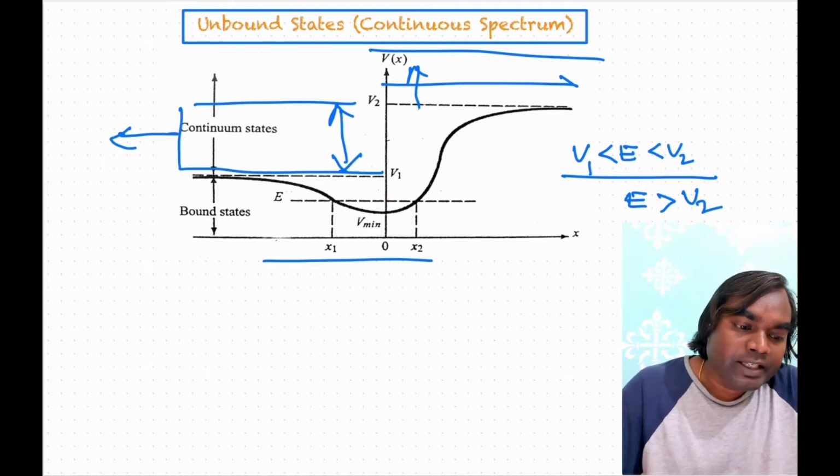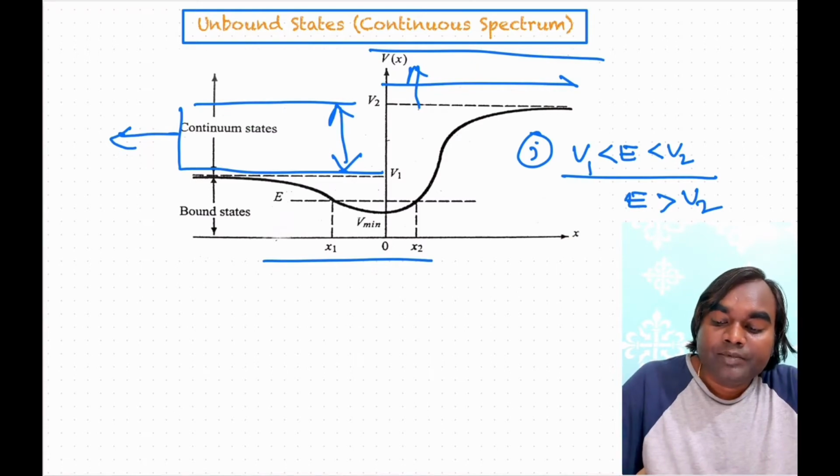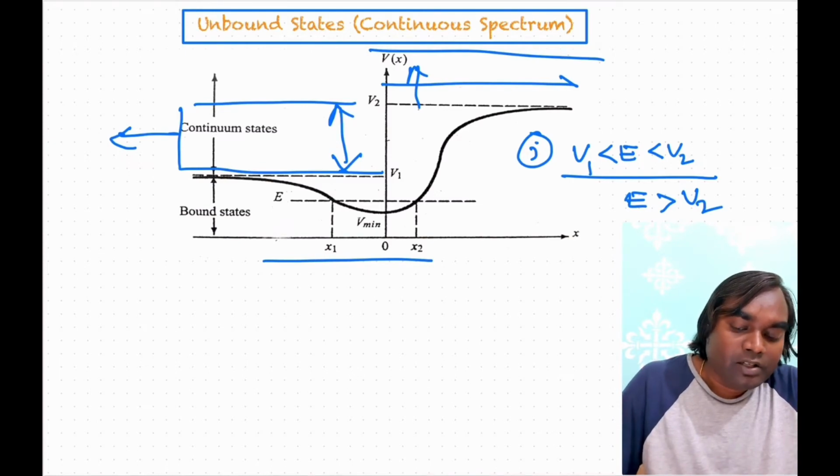So first we will take the case when the energy of the particle lies between V1 and V2. In this case, the particle's motion is infinite only towards x equal to minus infinity. That is, the particle can move between x equal to x2 and x tending to minus infinity. Here x2 is the classical turning point.